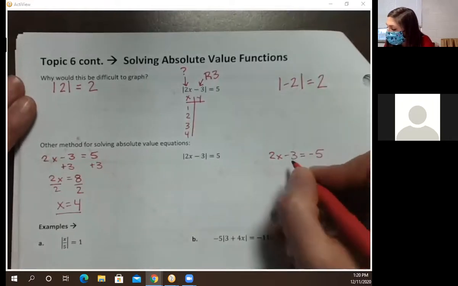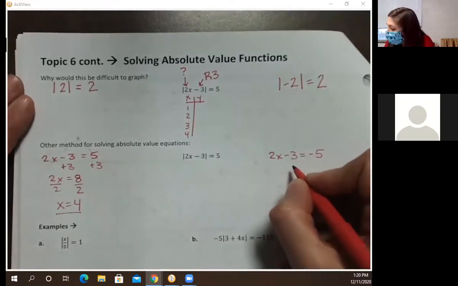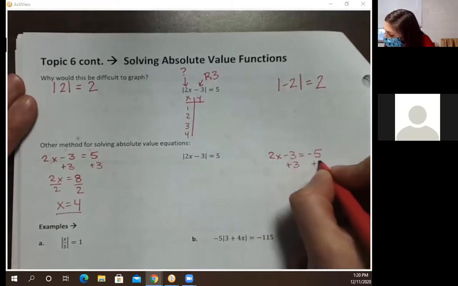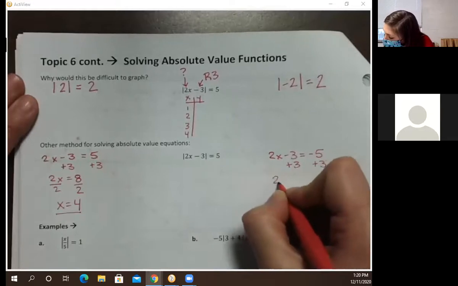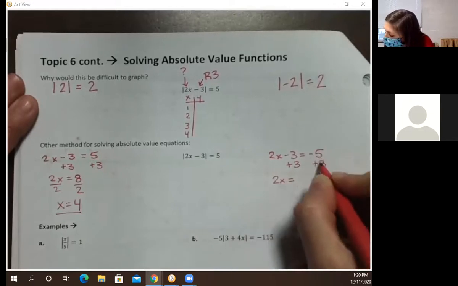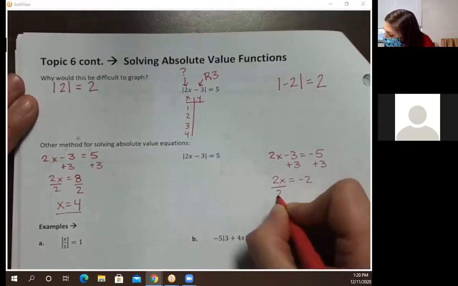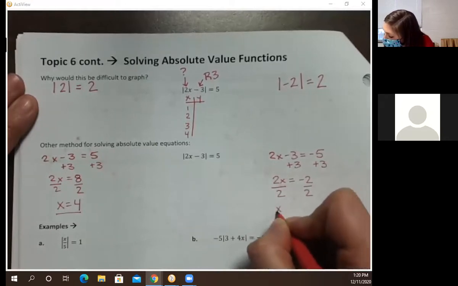On the right-hand side of my paper, same idea. I'm going to start by moving 3 to the other side. So I get 2x equals -2. And then divide both sides by 2, and I get x to be -1.